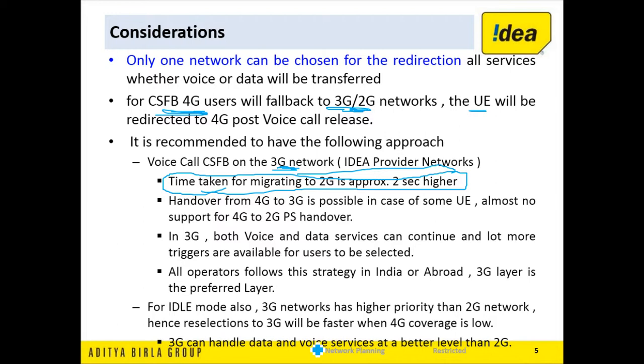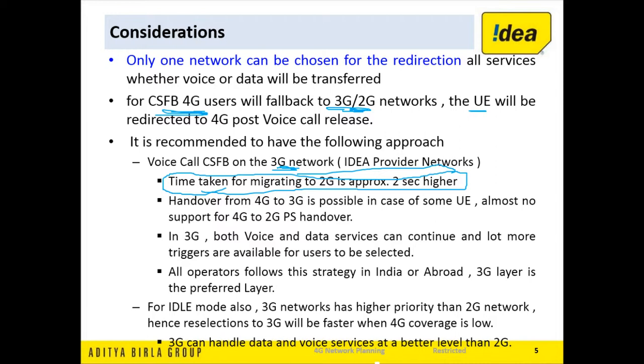And we have not come across any such UEs, but in case if it exists. But there are many UEs which could do a PS handover from a 4G network to a 3G network and vice versa. And handovers obviously has a better delay than the CS fallback or the reselection mechanism.